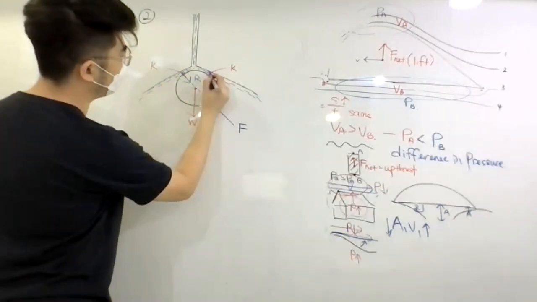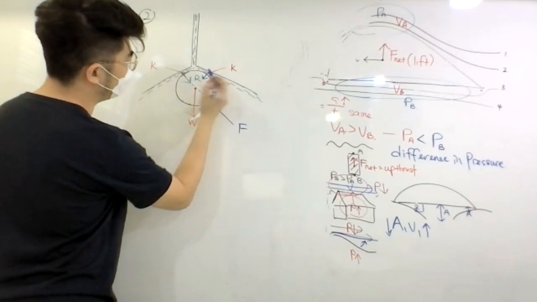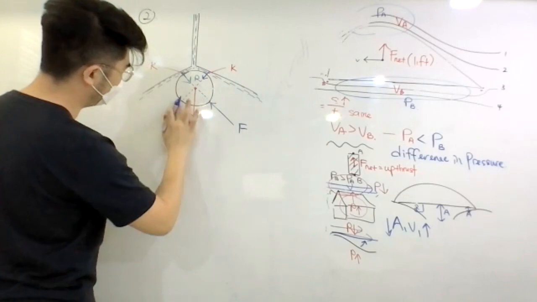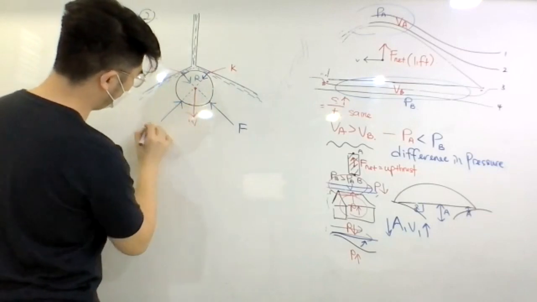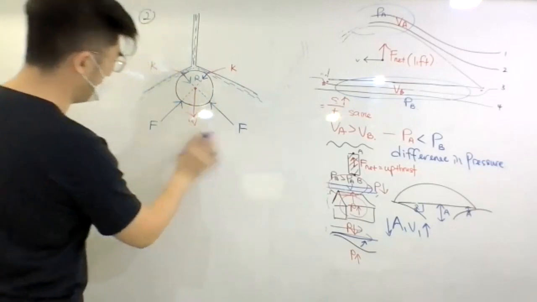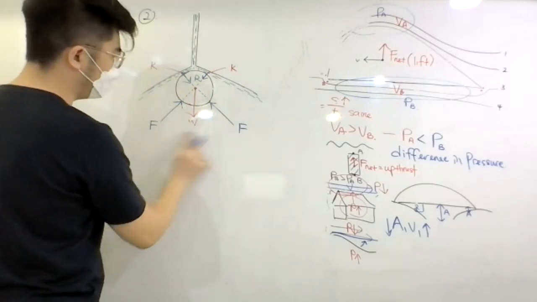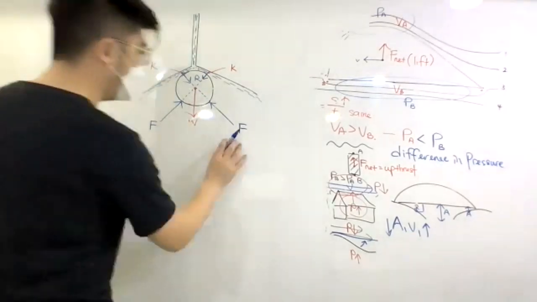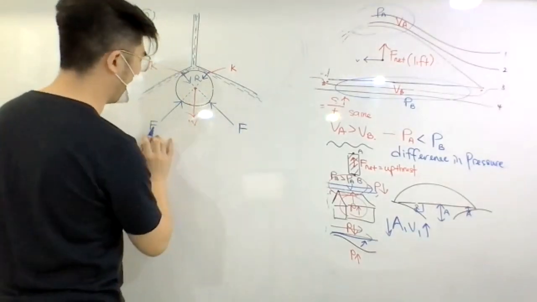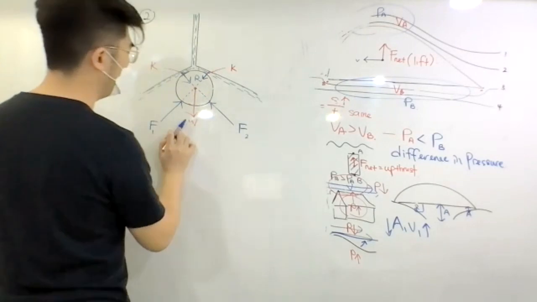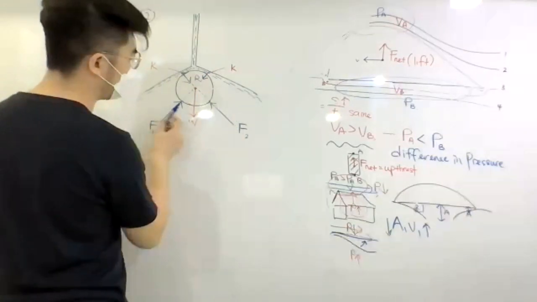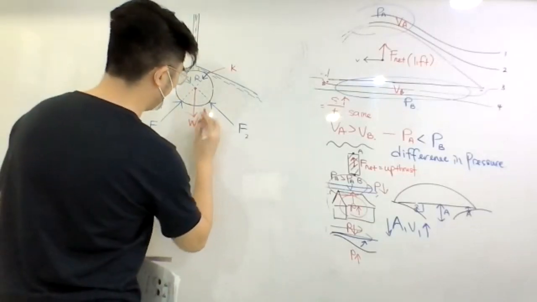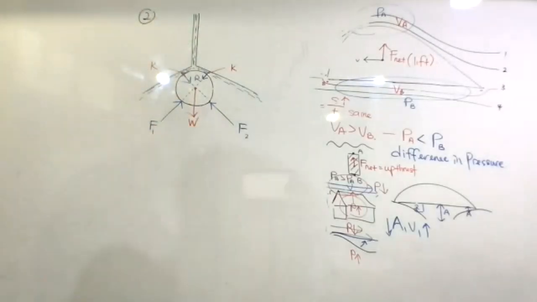The same happens here, there's a reaction like this, so you have a force pushing from here, F. These two forces are due to the pressure difference. You can call this upthrust, whatever you want to call it. I'll just call them F1 and F2. These two forces balance out the weight.